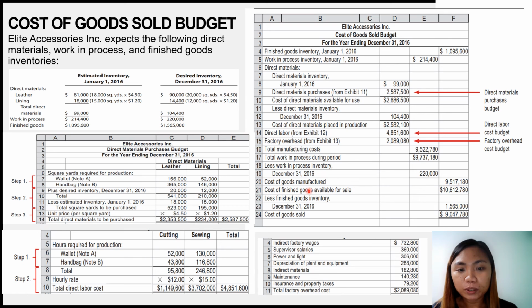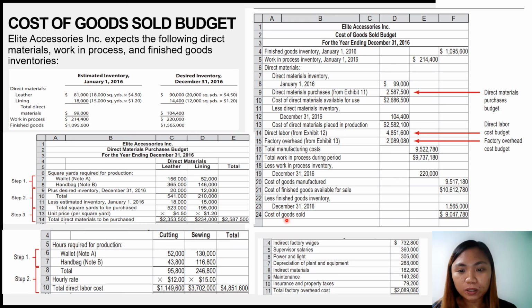So that is how we would compute for the cost of goods manufactured, which totals 9,517,180. So cost of goods manufactured plus the finished goods inventory beginning. So that would equal to the cost of finished goods available for sale, which is 10,612,780 less the finished goods inventory end of 1,565,000.